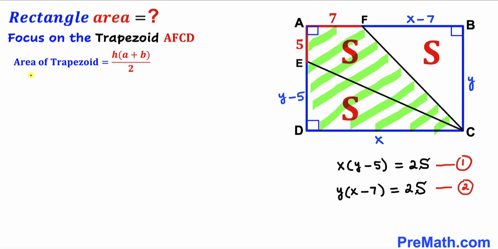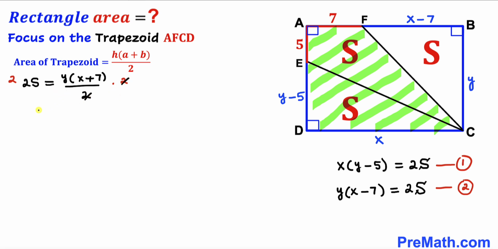So let's go ahead and fill in the blanks in this trapezoid formula. The area is going to be 2 times s, and the height in our case is y times (x + 7) all over 2. Now I'm going to multiply by 2 on both sides to remove this fraction. This 2 and 2 are gone.